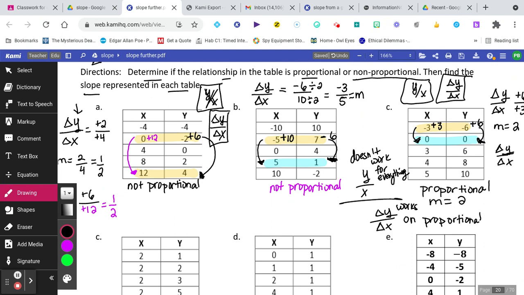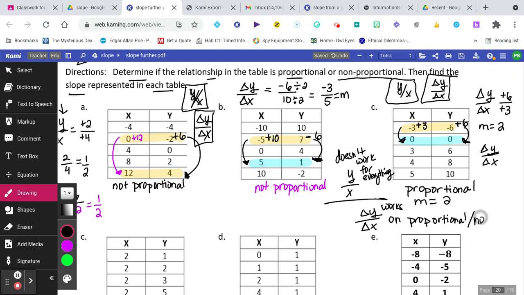So I say it's universal. This formula works on both.